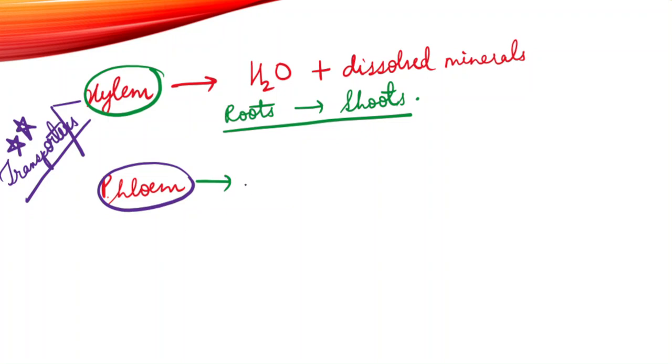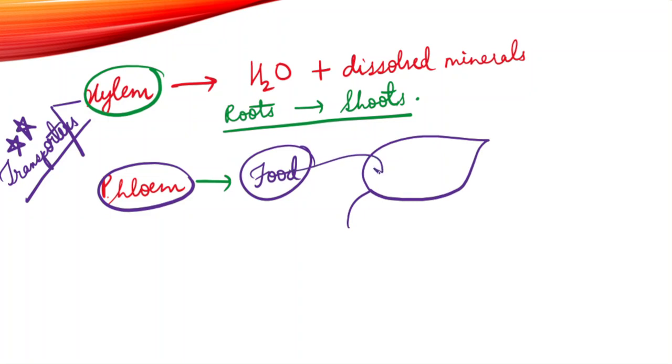So whatever food is made in the leaves, how is the food made in the leaves? By the process of photosynthesis, right?